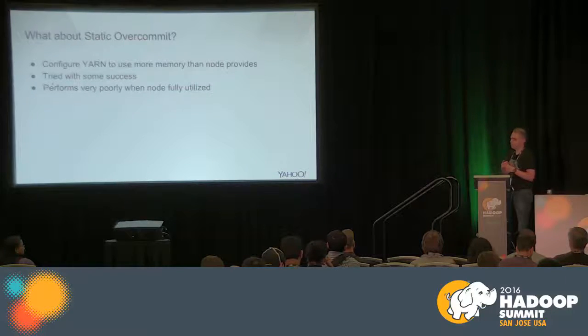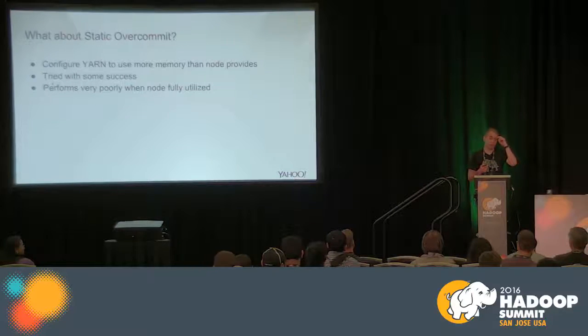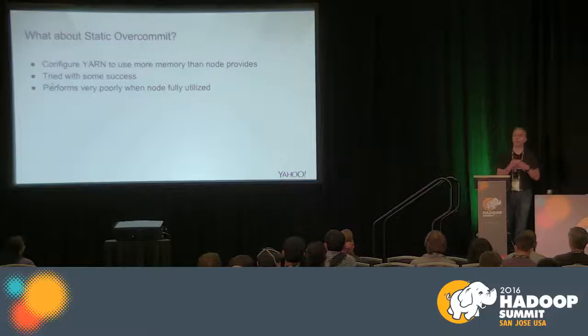So what's really bad about the static overcommit is the OS starts to kick in, right? It starts swapping. The kernel's like, I'm out of memory. I'm going to start shooting processes. So it starts shooting things. Not necessarily the things we would like it to shoot. It just decides on its own. And then, on top of that, the resource manager then sees, oh, look, there's resources freed up on this node.